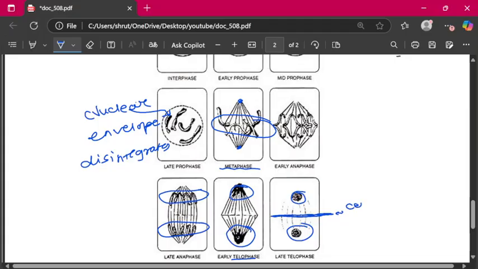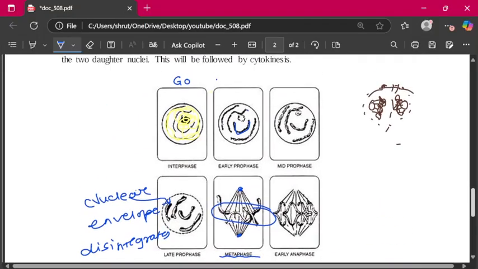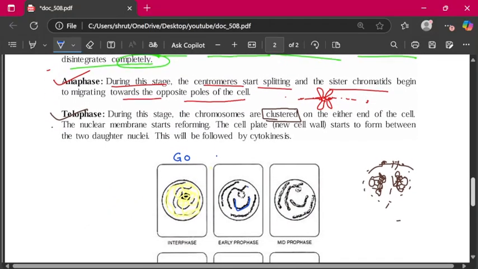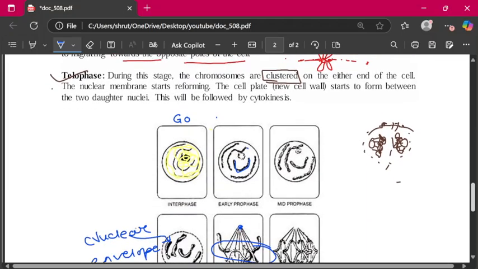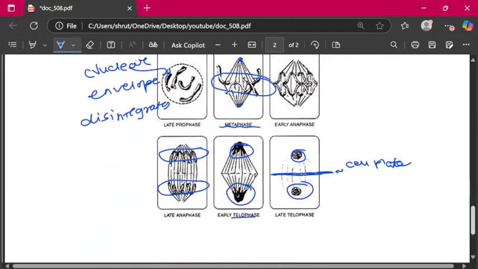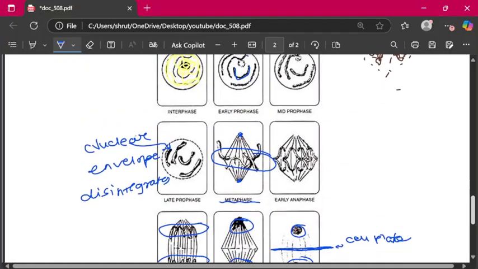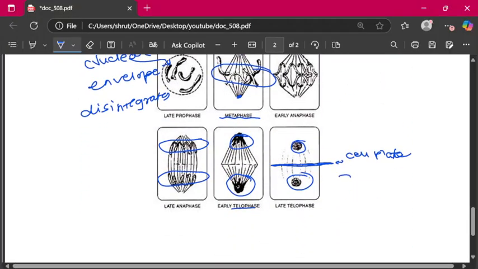So this is a cell plate. Okay, I think here we should end. One more thing, that this will form two daughter cells from a single cell nucleus.